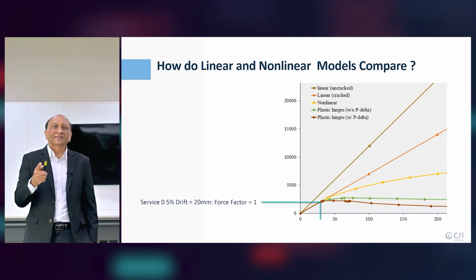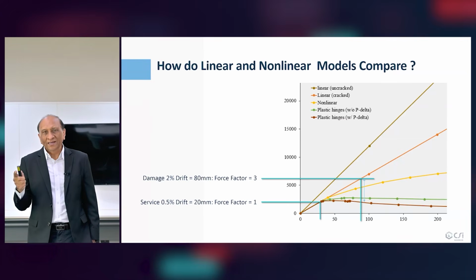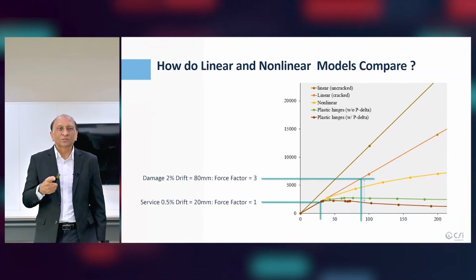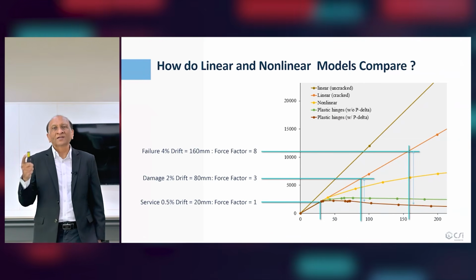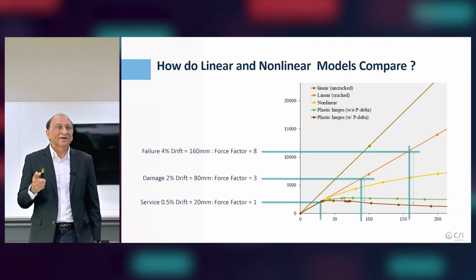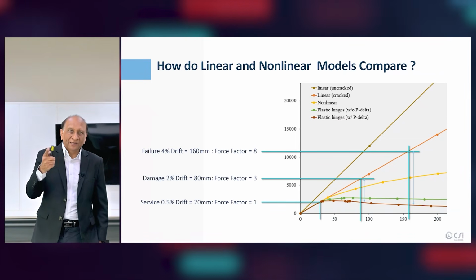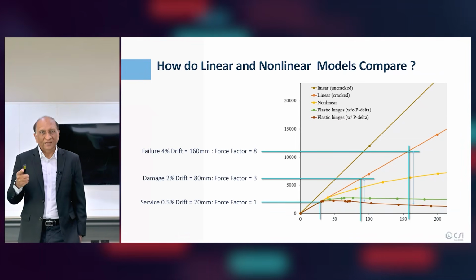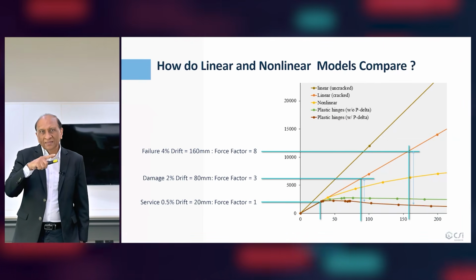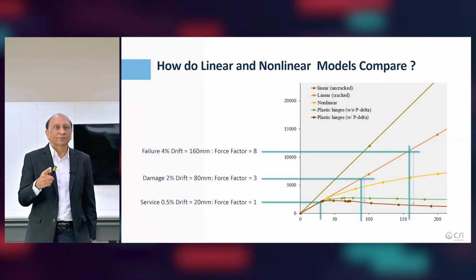That means linear and nonlinear are the same. But as we go to higher deformation, linear and nonlinear have a ratio, in this case, of 3. And if you go to even higher deformation, the linear and nonlinear have a ratio as large as 8. This is typically reflected in R factors and omega factors. So that's how the linear versus nonlinear capacity will vary.